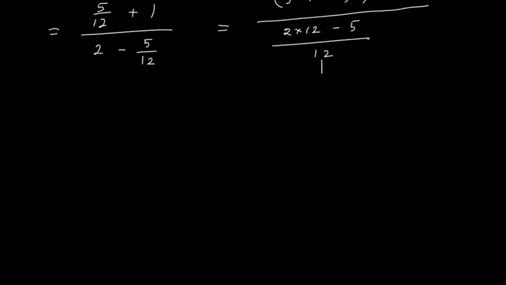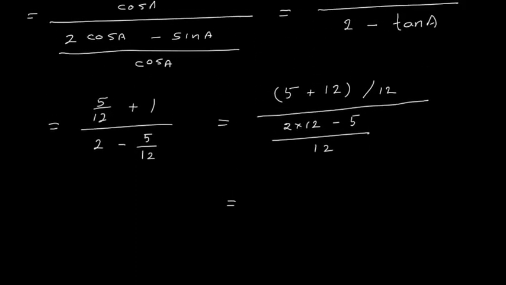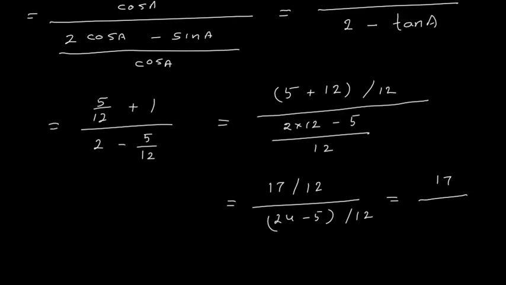So 5 plus 12 is 17. So this is 17 divided by 12, and the denominator is 2 into 12, 24 minus 5, whole divided by 12. So the 12 cancels, the numerator is 17 and the denominator is 24 minus 5, which is 19.